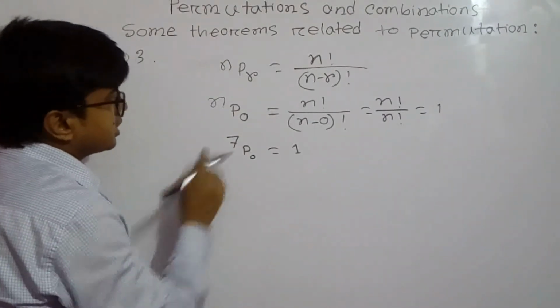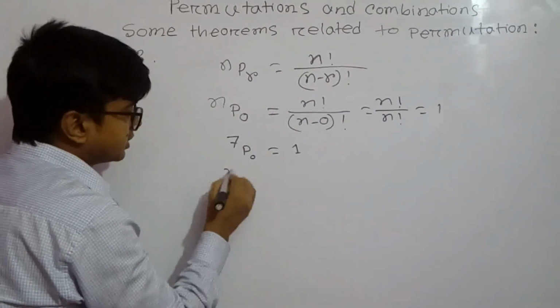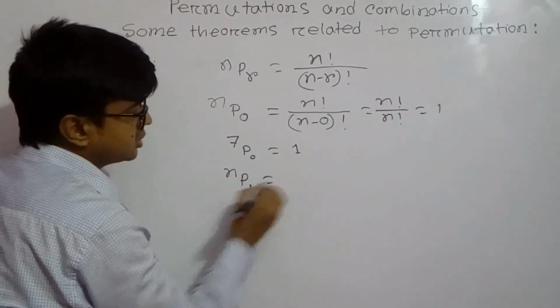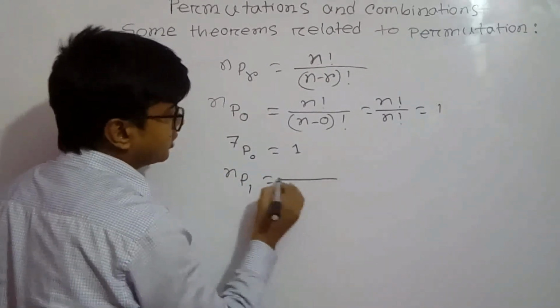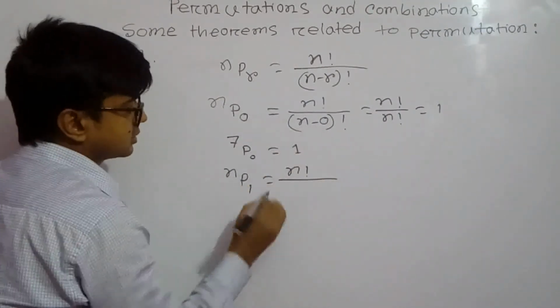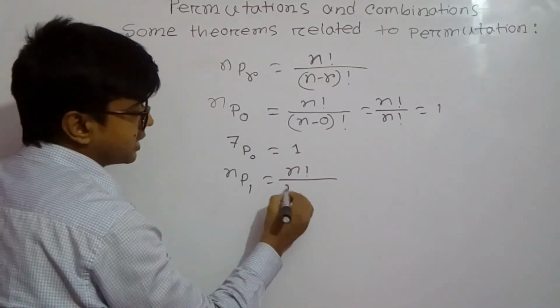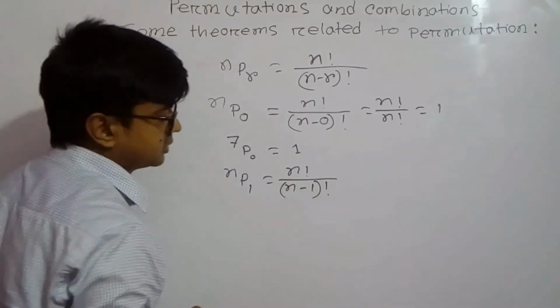Again, if r equals to 1, then we can write nP1 equals, here our formula will be factorial n divided by factorial n minus 1.